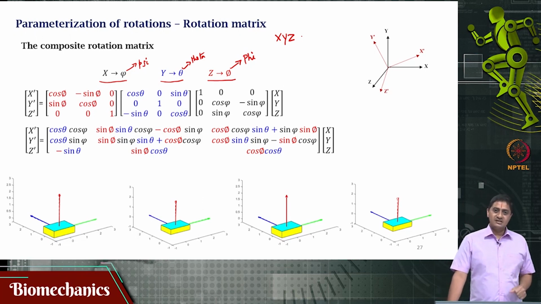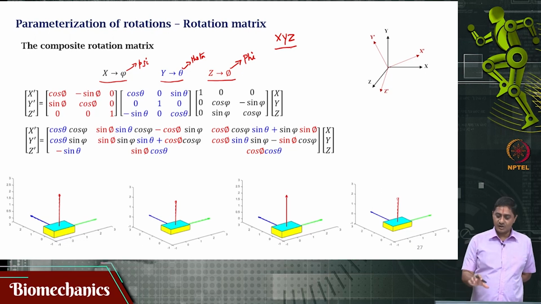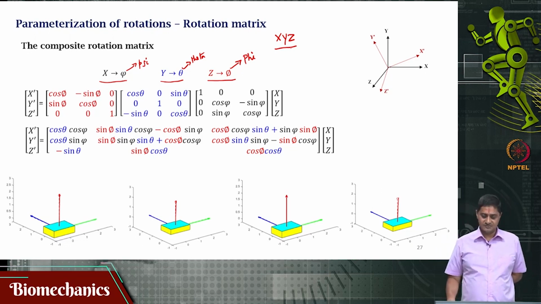What this means is the considered order for representation is x, y, z. This is the order of representation that is used. This does not necessarily imply, and is almost never the case, that this is the temporal order in which the rotation is happening. The rotation will happen in whatever order it happens, and it may not even happen about any one axis at a time.